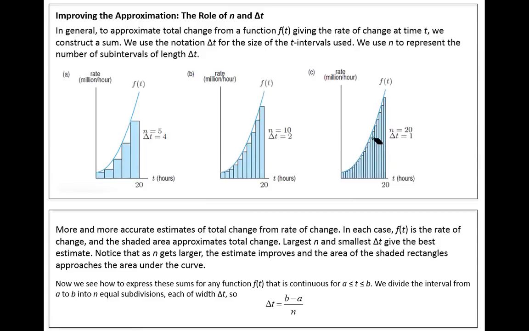And you can probably notice that if we choose a bigger number of rectangles, then the estimation is better, because we nicely cover the entire area under the curve. Let's look at the first graph.